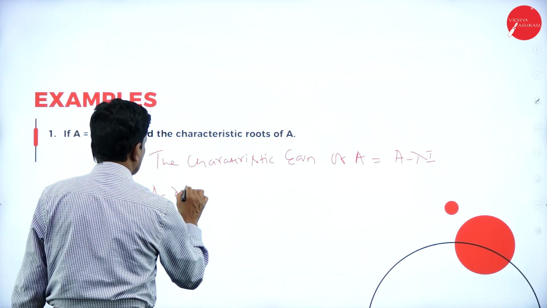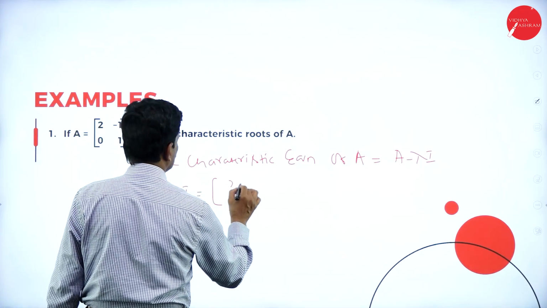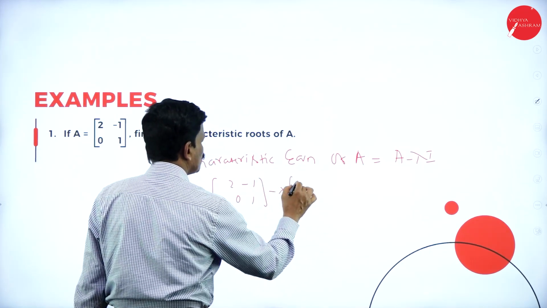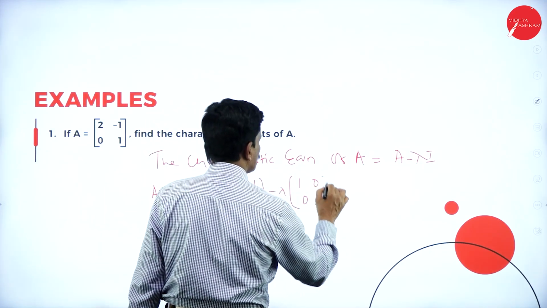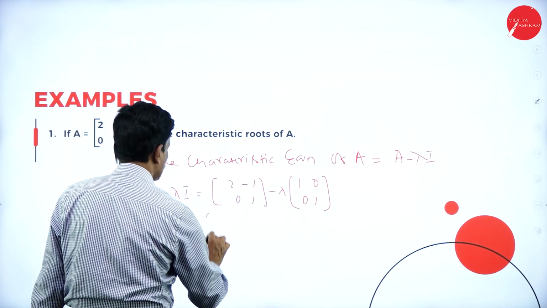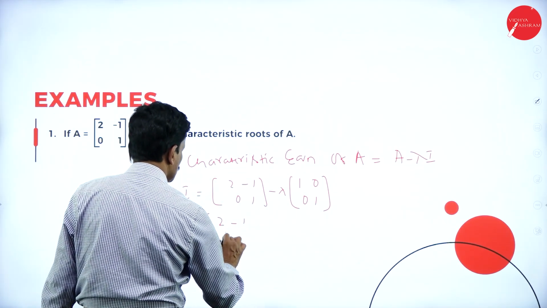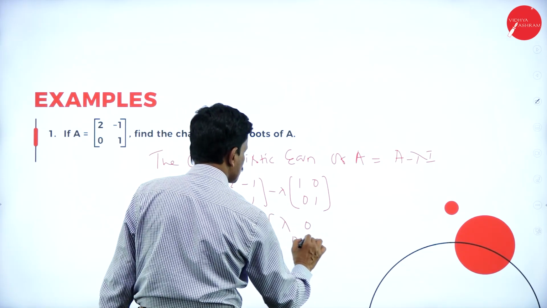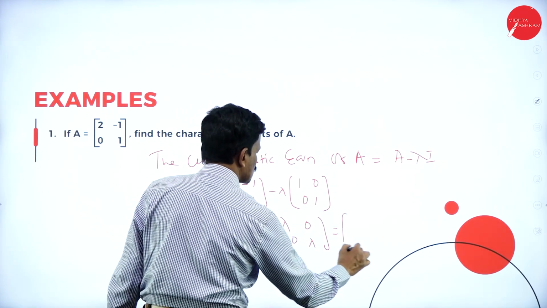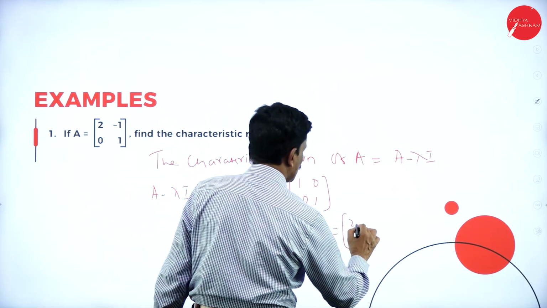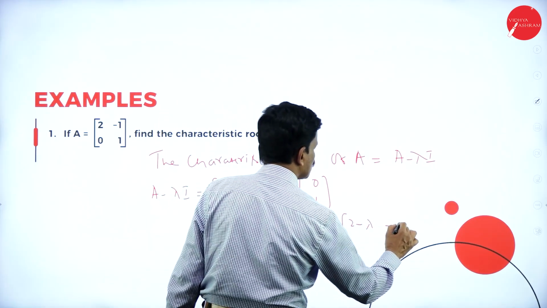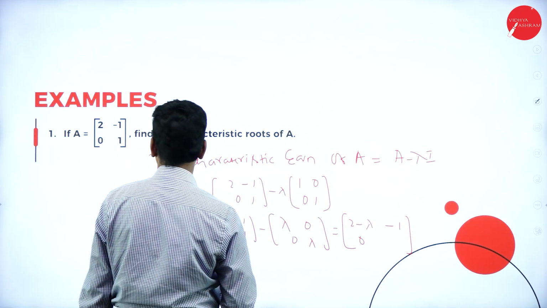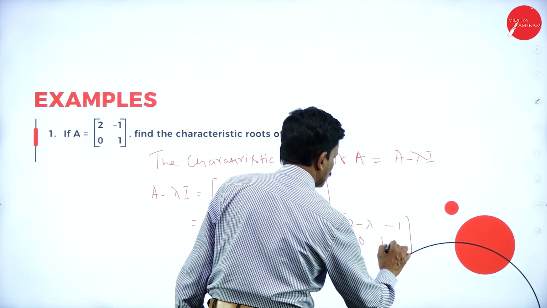A minus lambda I is equal to matrix A, [2, -1; 0, 1], minus lambda into the identity matrix [1, 0; 0, 1]. This can be written as [2, -1; 0, 1] minus [lambda, 0; 0, lambda]. Subtract this: 2 minus lambda, again minus 1 minus 0 is minus 1, again 0 minus 0 is 0, and 1 minus lambda.